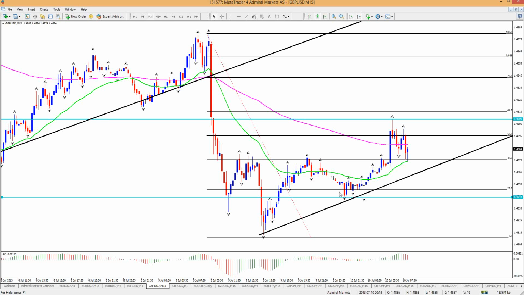All right, so let's take a look at others. I think the Aussie could be interesting as well because it made a pretty big retracement, and it's still under last week's high. So if it breaks last week's high, then I'm becoming a bit more cautious.